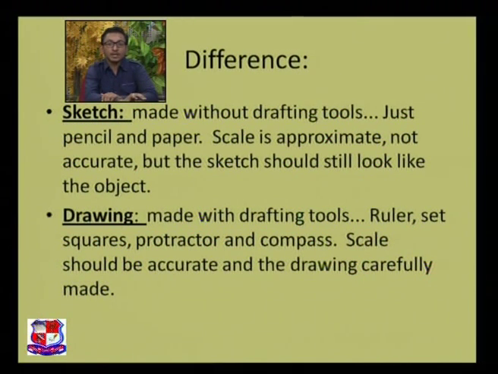A drawing, on the other hand, is made with all sorts of drafting tools like ruler, set square, protractor, compass, all those drawing instruments which we have already discussed, that you can use in engineering graphics. The scaling is very important in this. The scale should be very accurate, and these drawings should be made very carefully to avoid any mistake in the process.